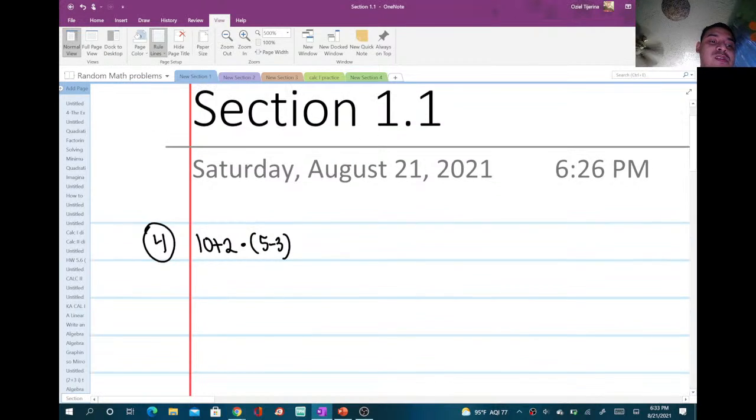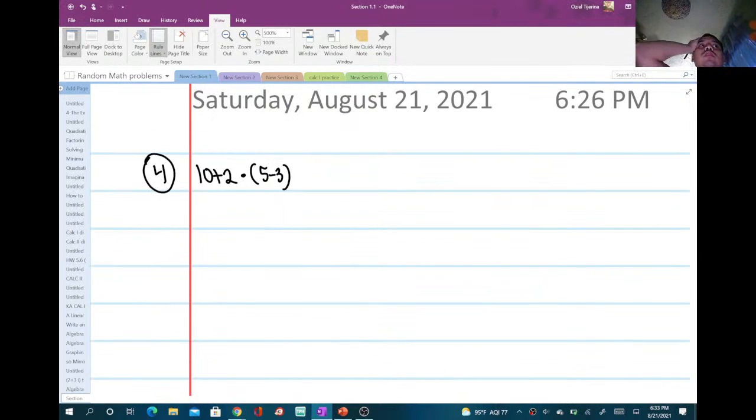So this is the first example. This is arithmetic. I'm going to try to do as much of these as I can. This is the numeric portion.